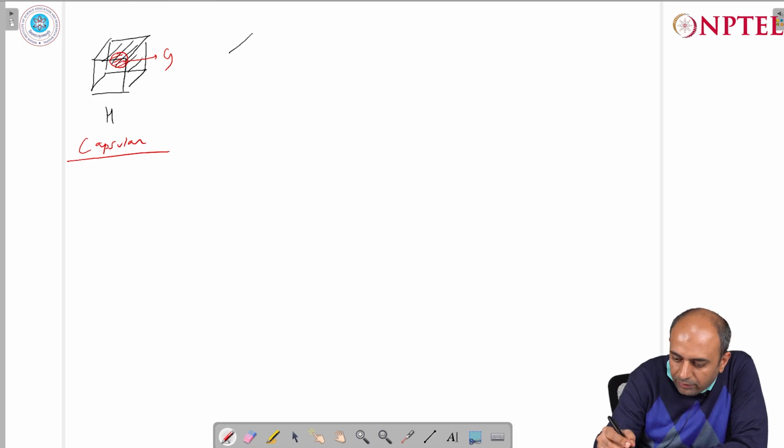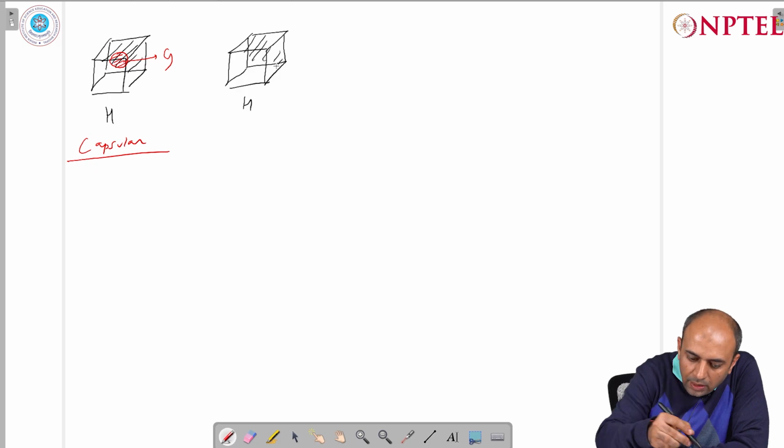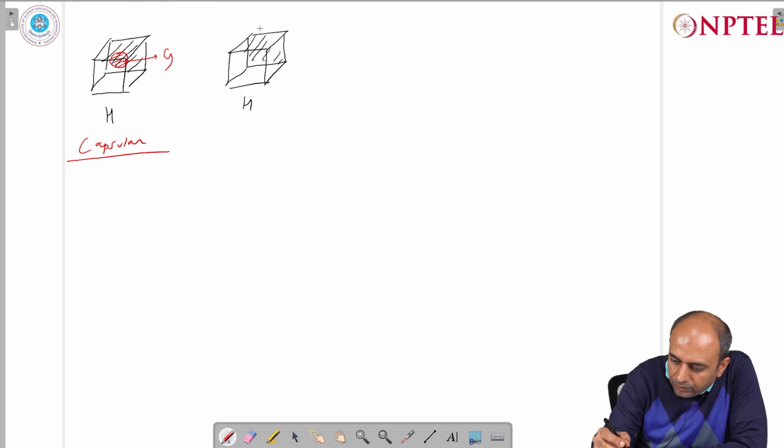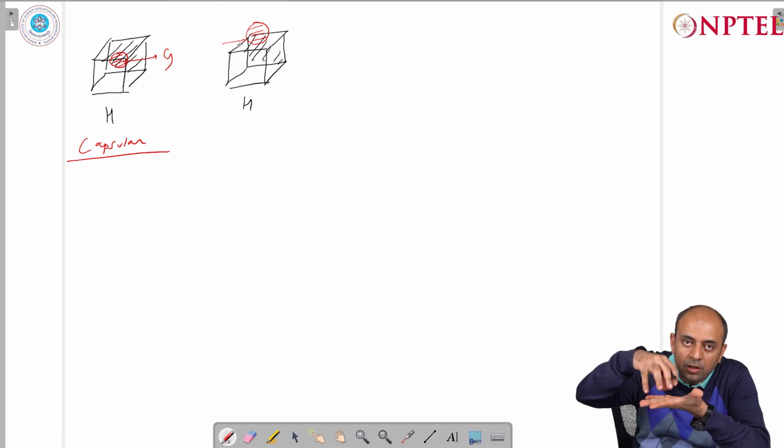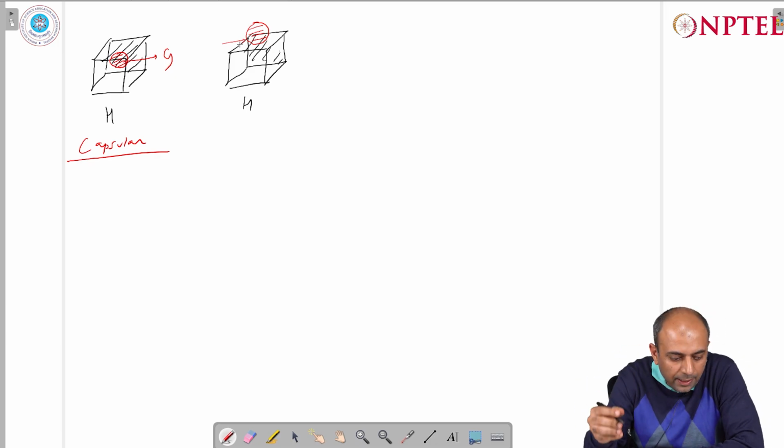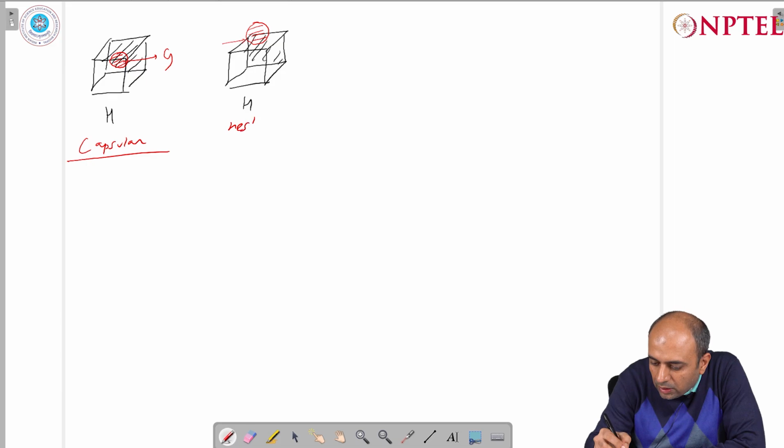Similarly, I can have my host again, and I can have the guest sitting on the host such that it touches one of the faces. It is touching one of the faces of the host. This is referred to as the nesting geometry or the nesting conformation.